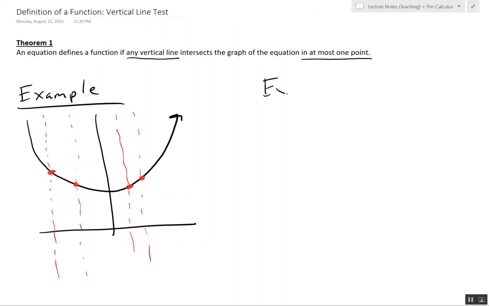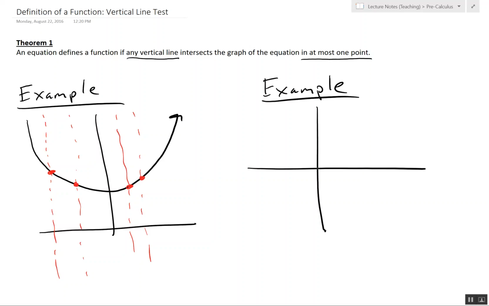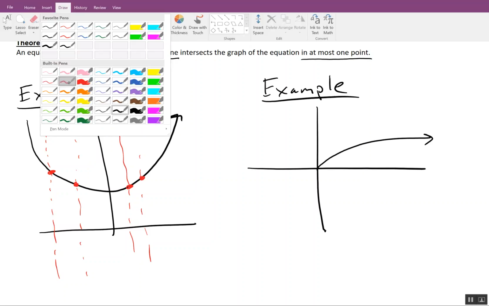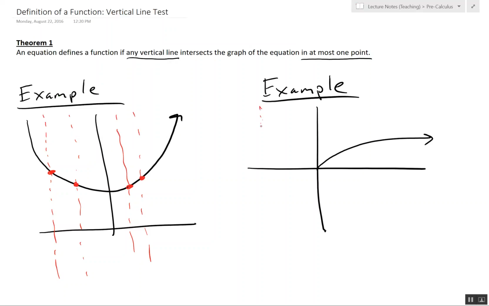So, example. And so here is our square root function. If you're unfamiliar with these functions, we will be talking about them in a later section. Let's again draw our red lines, and notice that over here we are intersecting in no points.